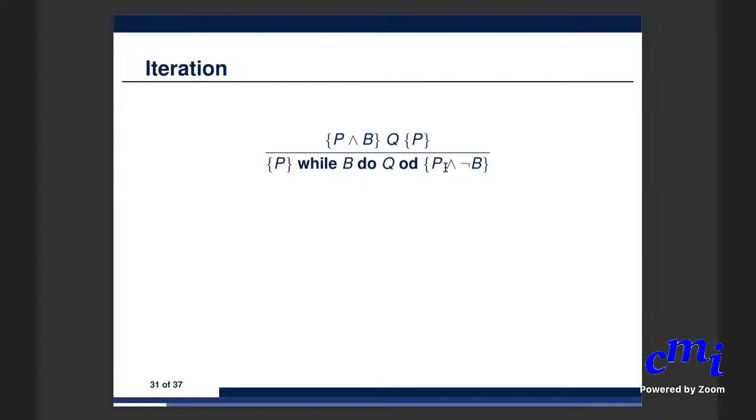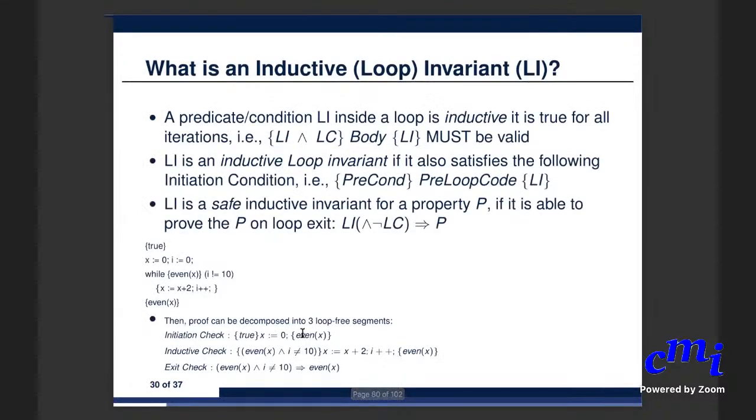Anyway, so P and not B will be true, which can then be used to prove any other postcondition. So this is a way of stating that given a loop invariant that is inductive, which is what the assumption here guarantees, you can be sure that P and not B can be true upon exit, which can then be used to do the decomposition that I showed.